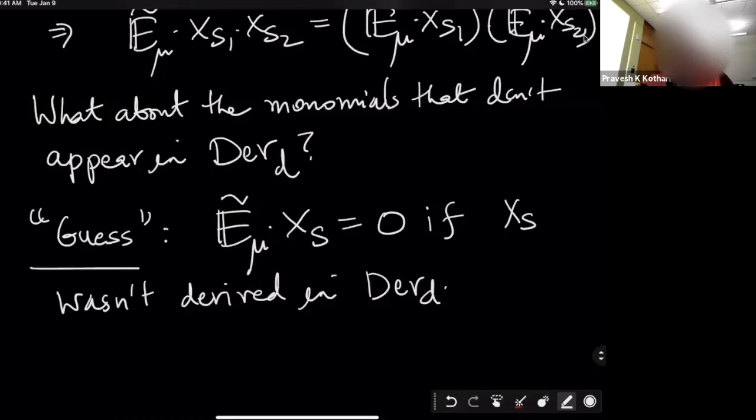We have no knowledge of other monomials because we failed to derive anything in this simple process. We could conjecture that if I don't have any information, then I should set it to, in some sense, a maximally uninformative value. So if I don't set it to 0, I am biased towards one of the values, but because I had no information, I'm going to set it to 0.